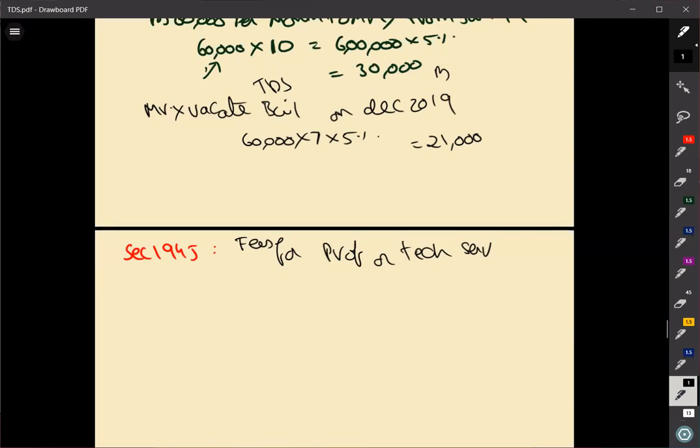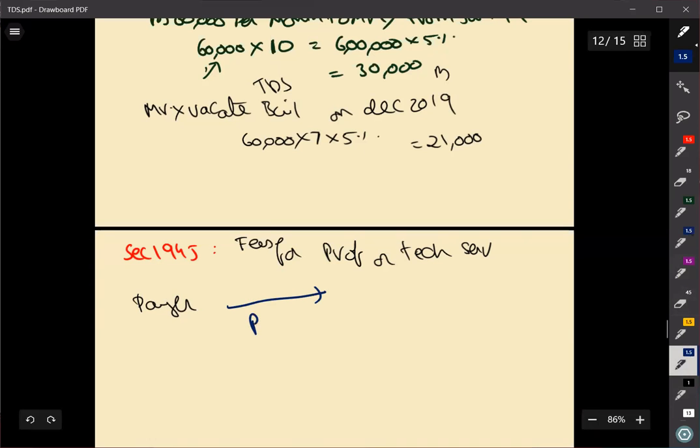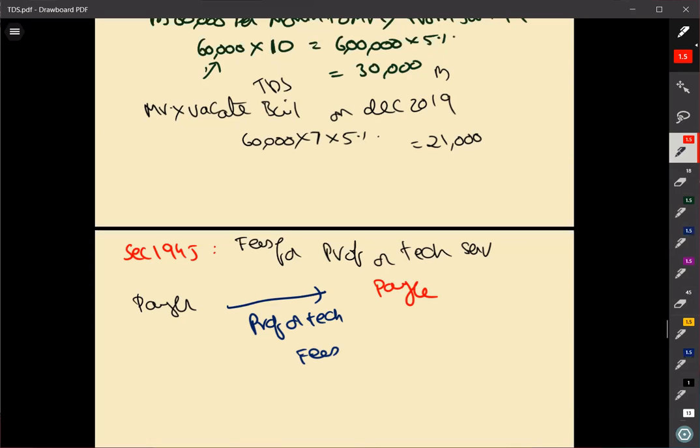Whenever any person who is called the payer is making payment of professional or technical fees to someone called the payee, then ultimately section 194J becomes attracted.